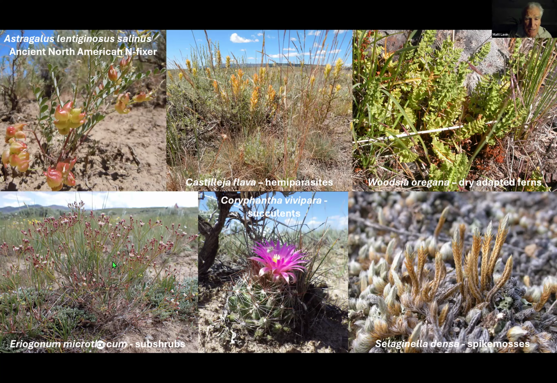Subshrubs like Eriogonum microthecum. Succulents such as Coryphantha species, the vivipara shown here. Missouriensis was also sampled, as was Pediocactus and Pediocactus simpsonii. Then Woodsia oregana. It wasn't sampled that much, but when it was sampled, it was in sagebrush steppe, never roadside. The same with spike mosses, Selaginella densa.